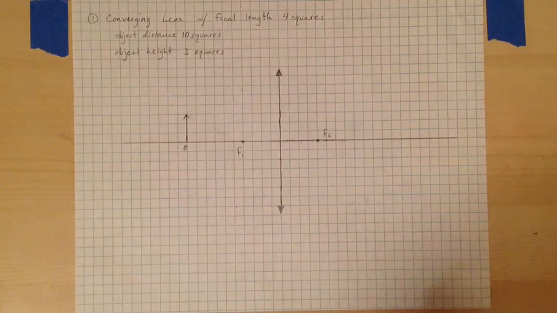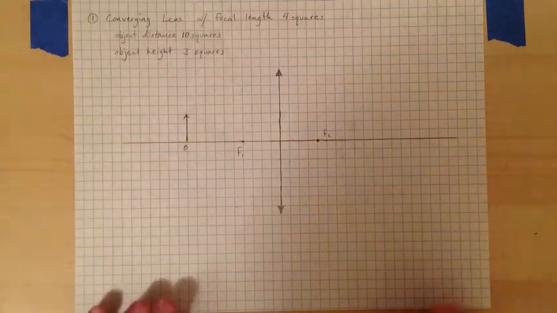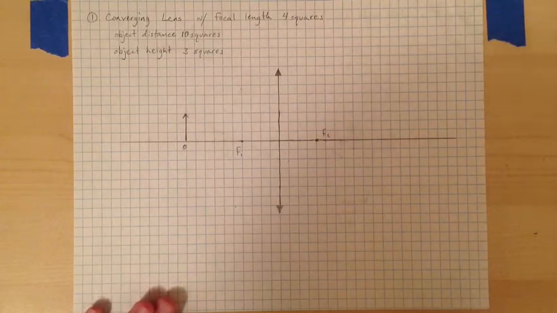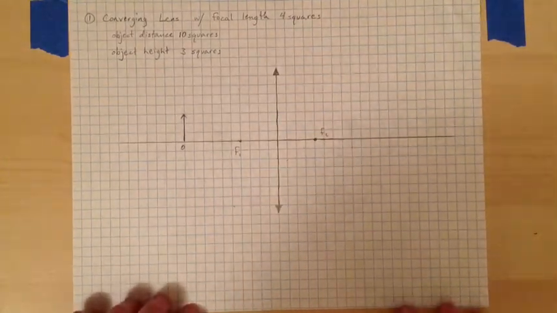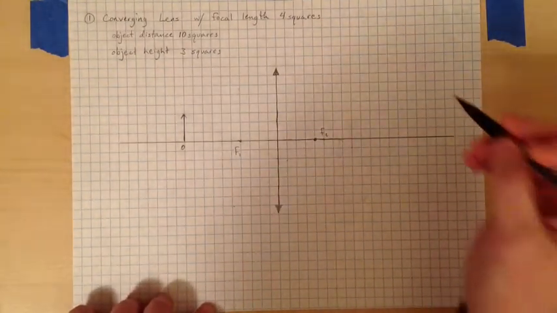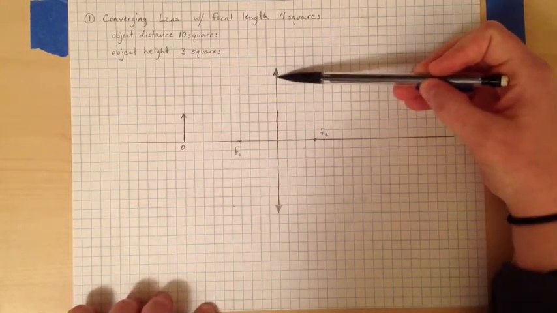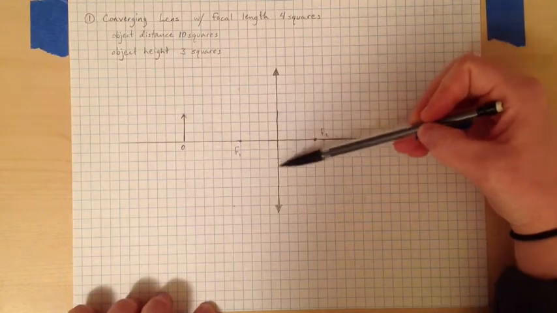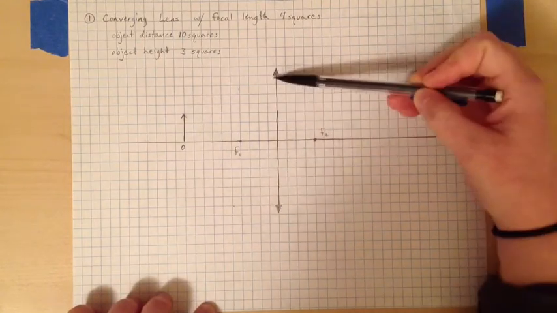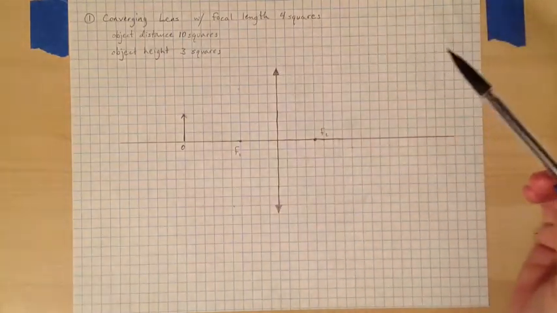So here I have a converging lens with a focal length of 4 squares, an object distance of 10 squares, and an object height of 3 squares. Now instead of drawing the whole lens, I'm just drawing the center line of the lens, and then these pointy arrows at the top indicate that it's a converging lens.